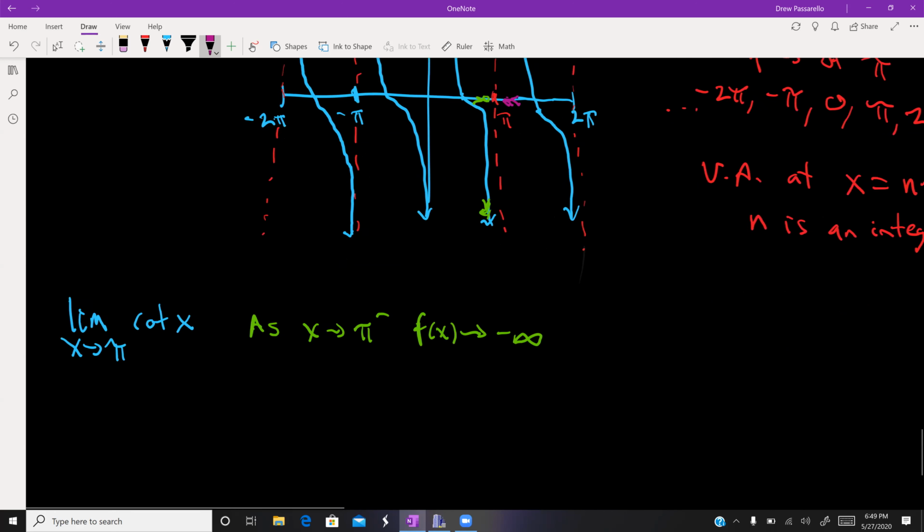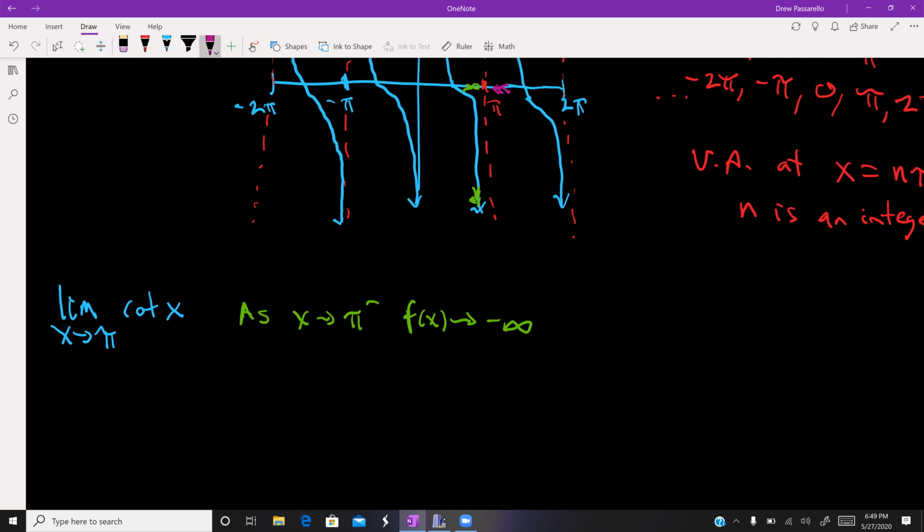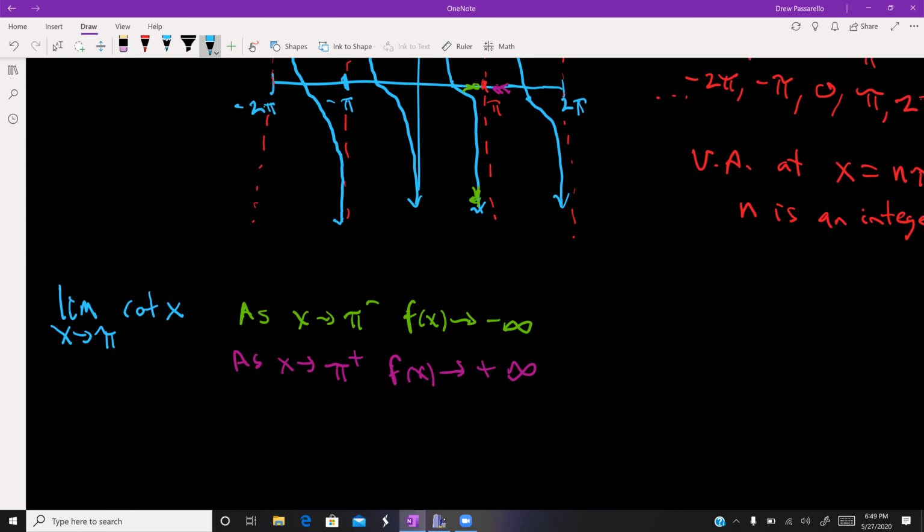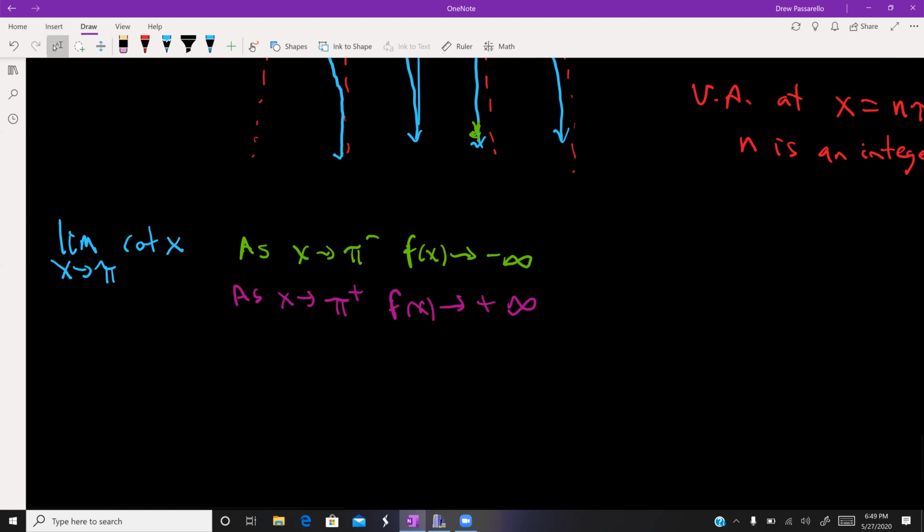So there are 2 different infinities that it approaches. So I would say x approaches pi with the plus sign, so approaches pi from the right, f of x approaches +infinity. So there are 2 different infinities. So that means the limit just doesn't exist altogether. It's not a finite value, and it's also not infinity. So these are different infinities. So the limit doesn't exist.